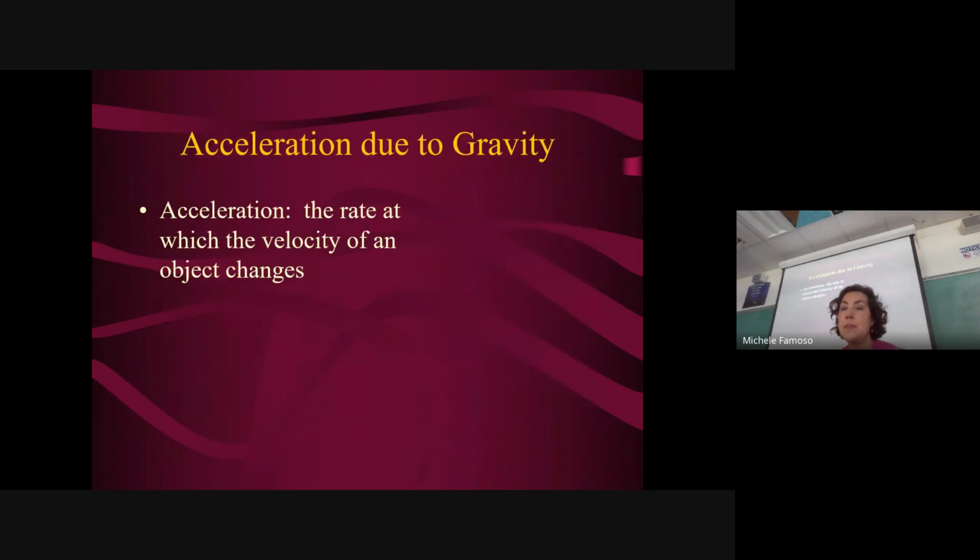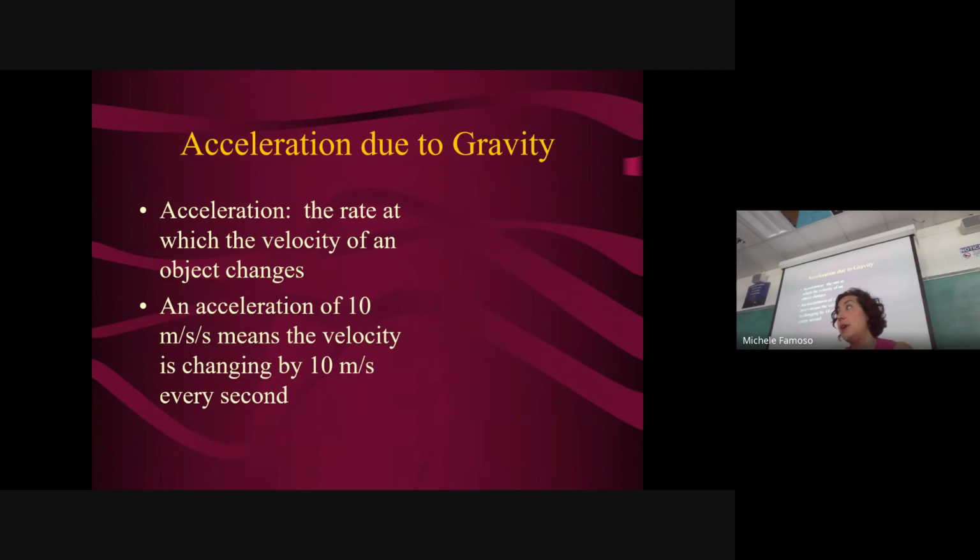Okay, so remember that when we have any kind of acceleration, we're talking about how quickly our velocity changes. How much is our velocity changing every second? So if I have an acceleration of about 10 meters per second squared, that means my velocity is changing by 10 meters per second every second.